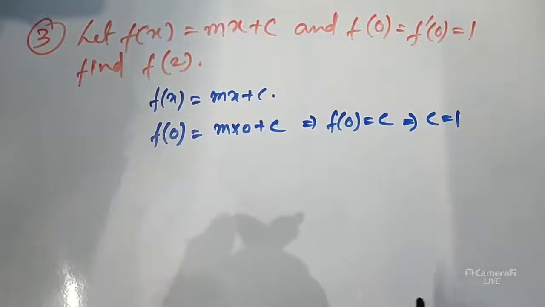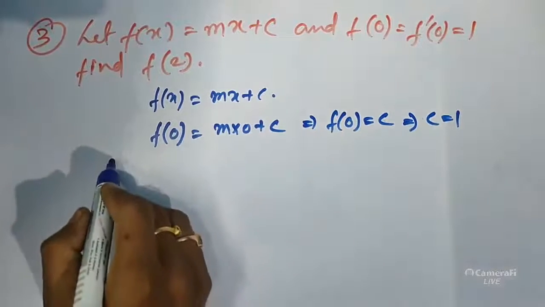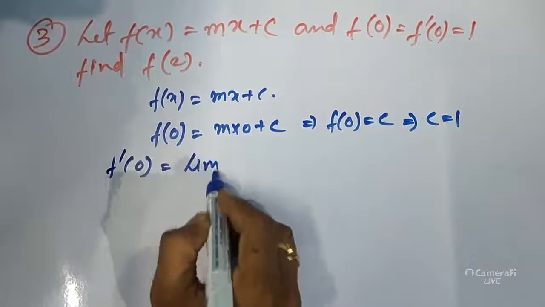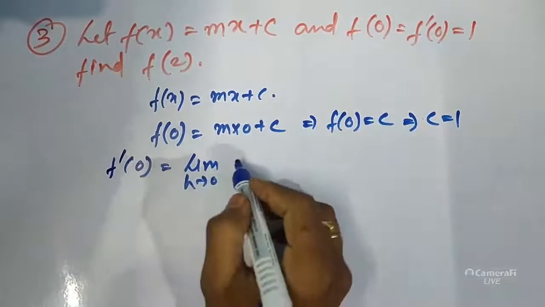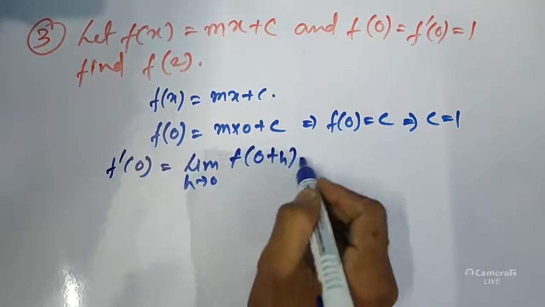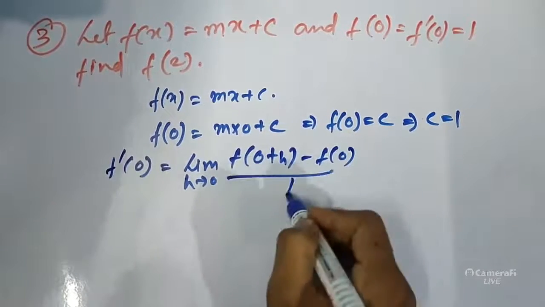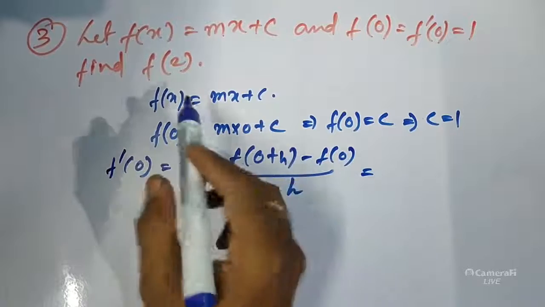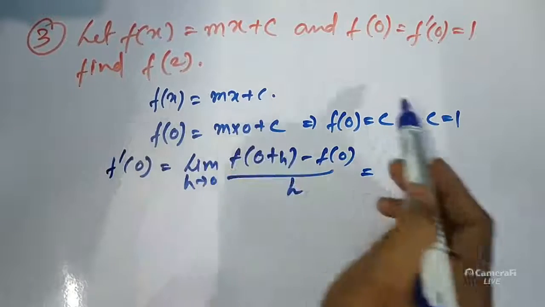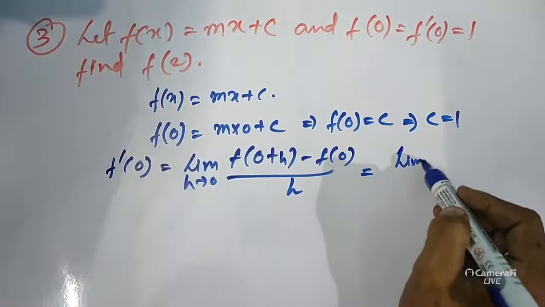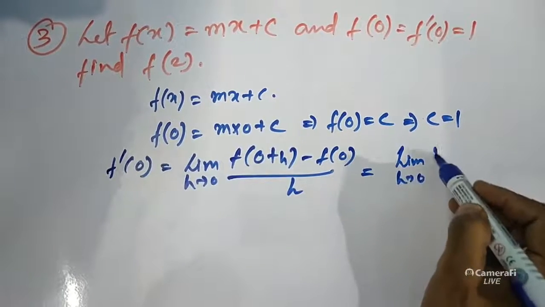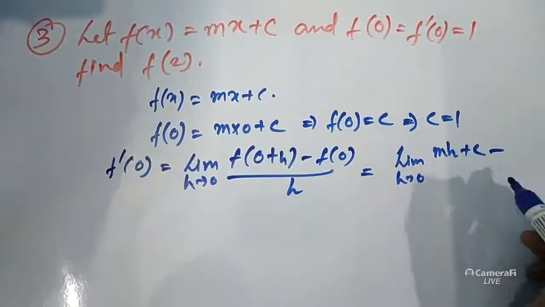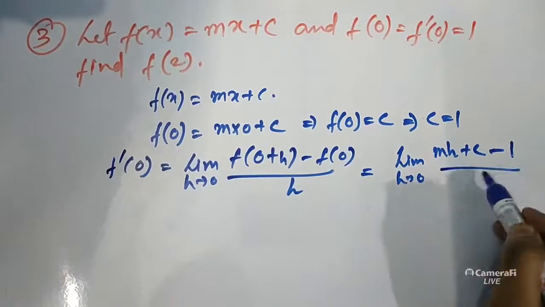Next, f dash 0 we have to find. Easily we can find f dash 0 by the formula: limit h tends to 0 of f of 0 plus h minus f of 0 divided by h. F of 0 plus h means f of h, which is mh plus c. So this equals limit h tends to 0 of mh plus c minus f of 0, which is 1, divided by h.